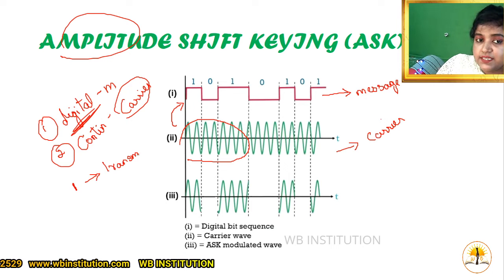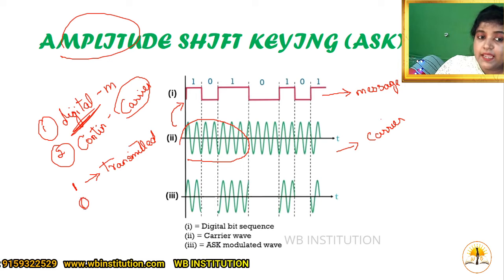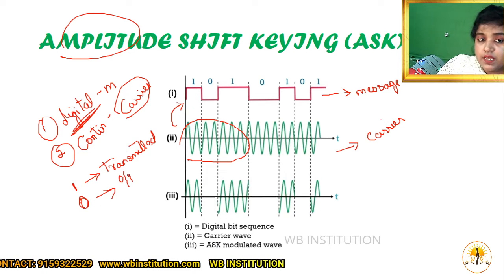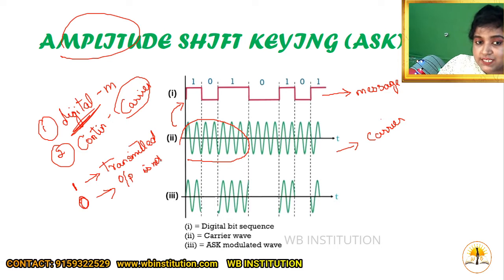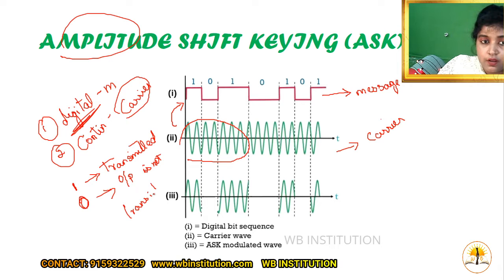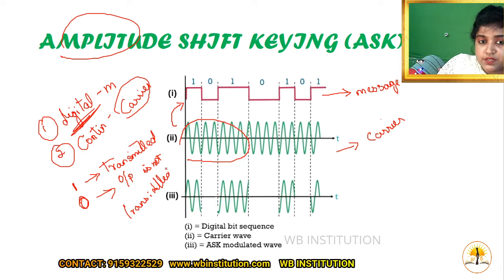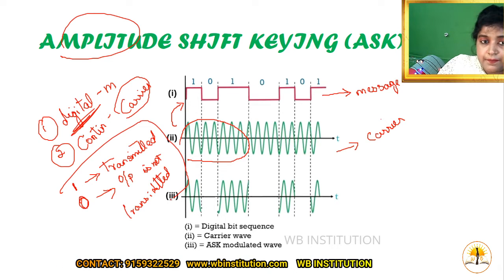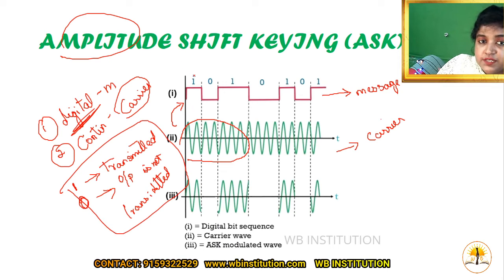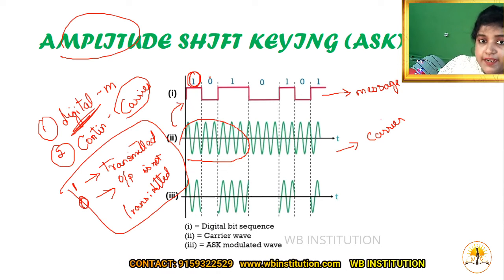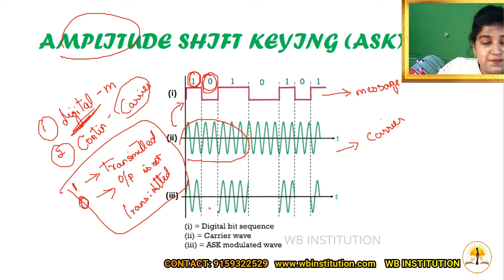This is the keyword. When my digital signal is 0, the output signal is not transmitted. Clear? This is going to be your keyword. When my digital signal is 1, the output signal is transmitted. When my digital signal is 0, the output signal is not transmitted.